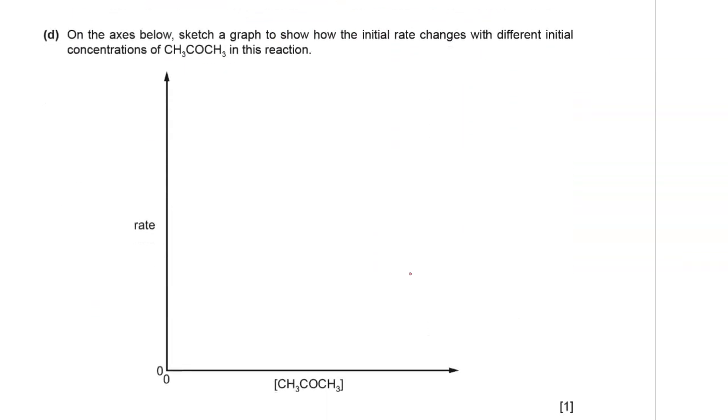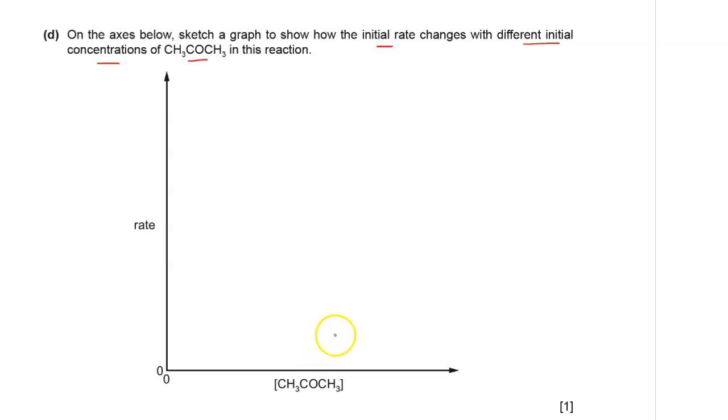Part D. On the axis below, sketch a graph to show how the initial rate changes with the different initial concentration of propanol in this reaction. Of course, rate and propanol.